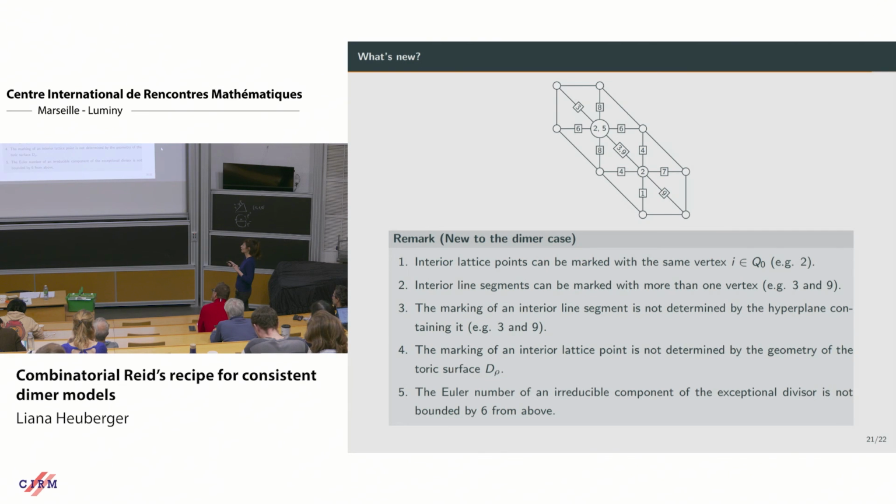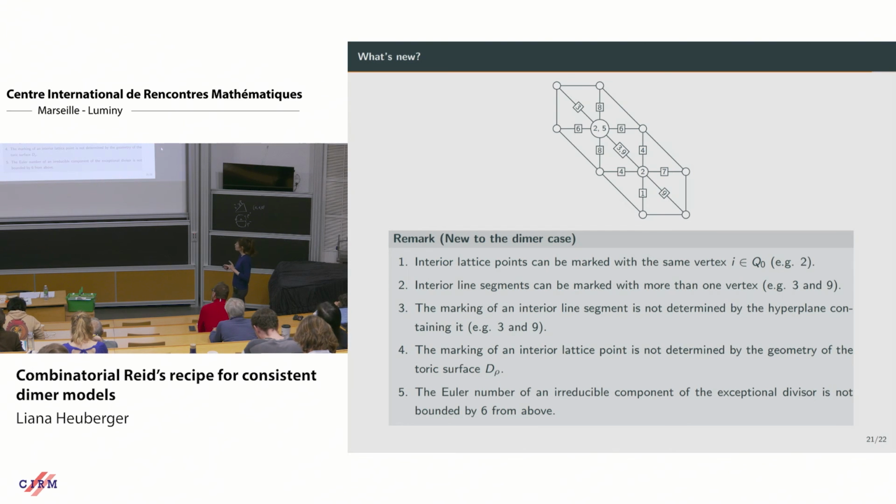So basically, we can't do the very explicit recipe that Craw and Reid did when they said, okay, every vertex has valency at most 6, here are the cases. So that doesn't really happen here. It does happen in this example, but I didn't want to put a huge toric variety here just to illustrate this.